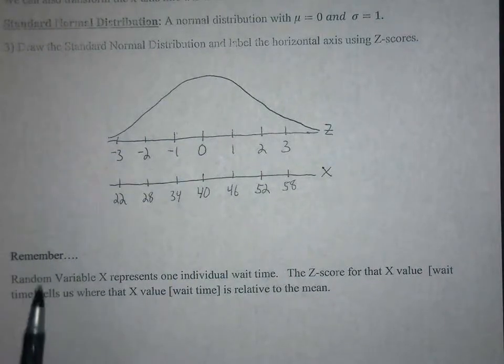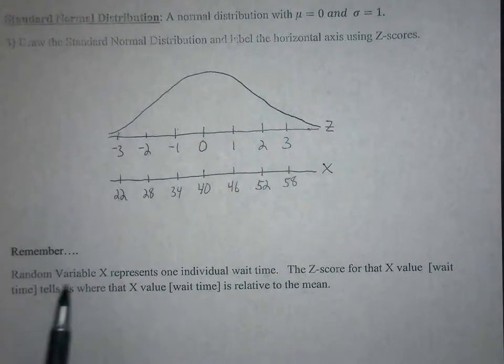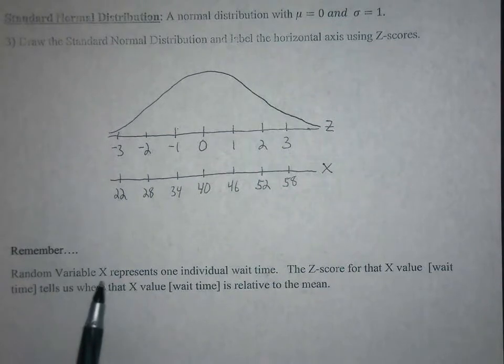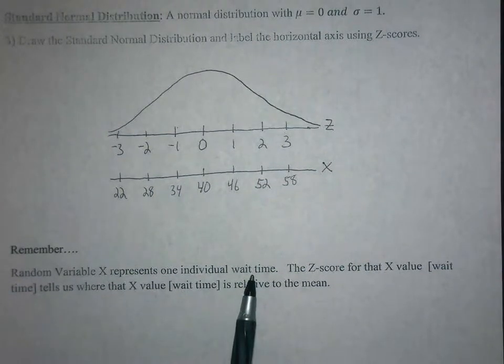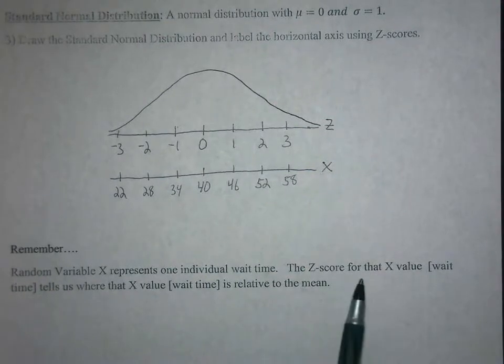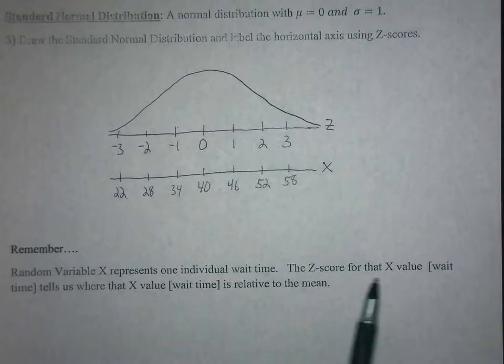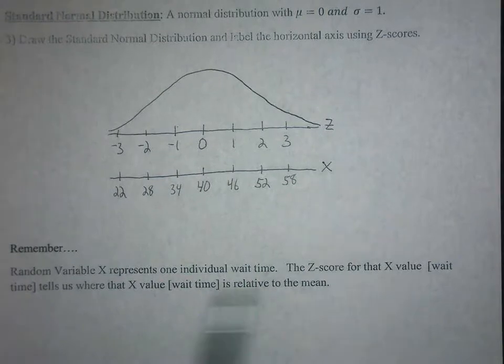Okay, what I want you to remember is that random variable x, so in this case the wait times, is 1 individual wait time. The z-score for that x value, so the z-score for that wait time, tells us where that x value or wait time is relative to the mean.